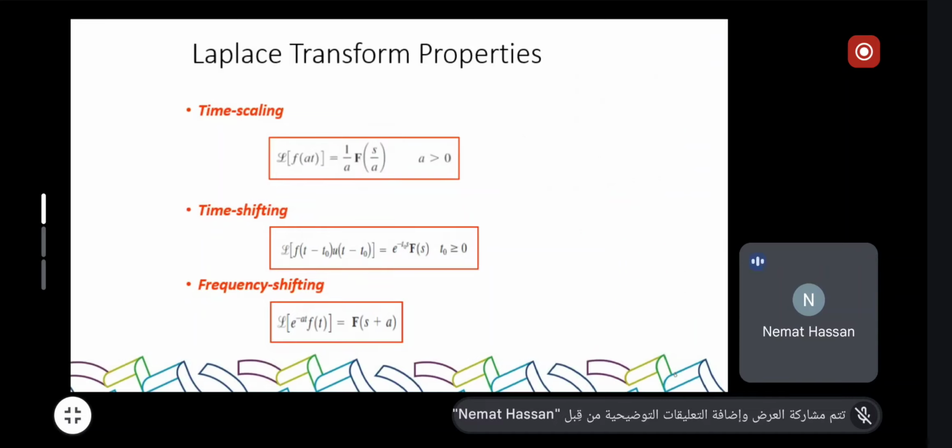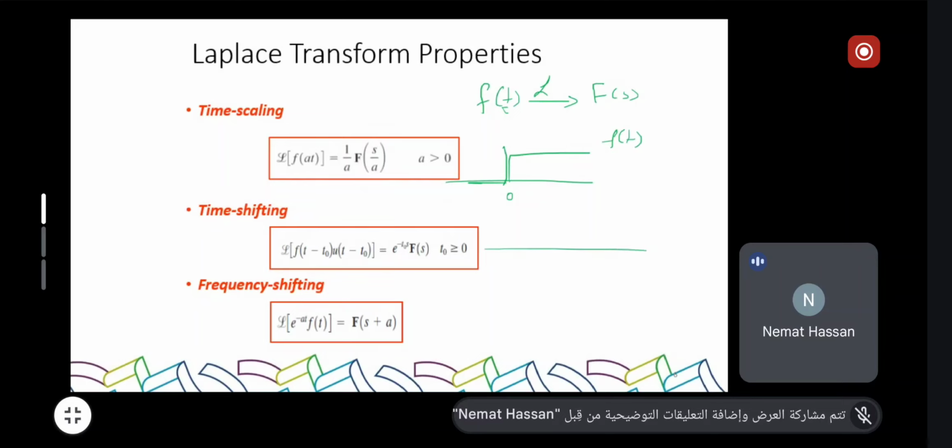Similarly, we have time shifting and frequency shifting properties, which all start from the same basic concept: if you know a function f of t has a Laplace transform F of s, and you already know the original pair, then consider f of t shifted in time. Shifted in time means, if your original signal was, let's say, a unit step that starts increasing at t equals 0, this would be your f of t.